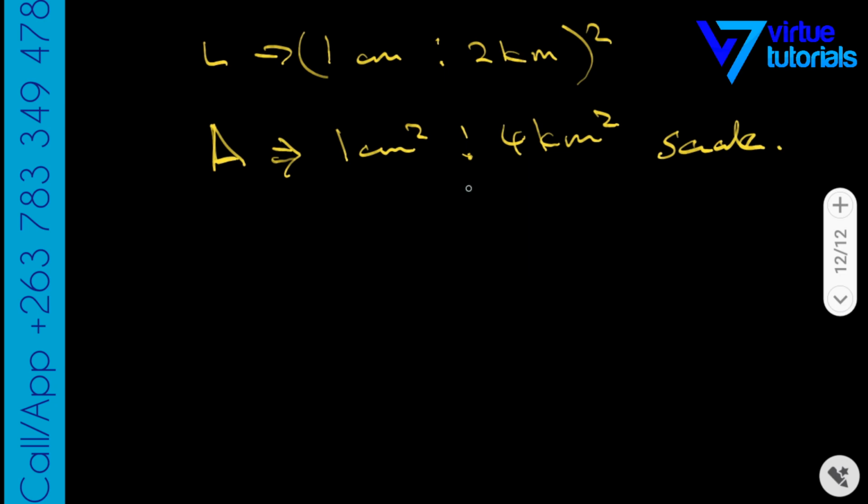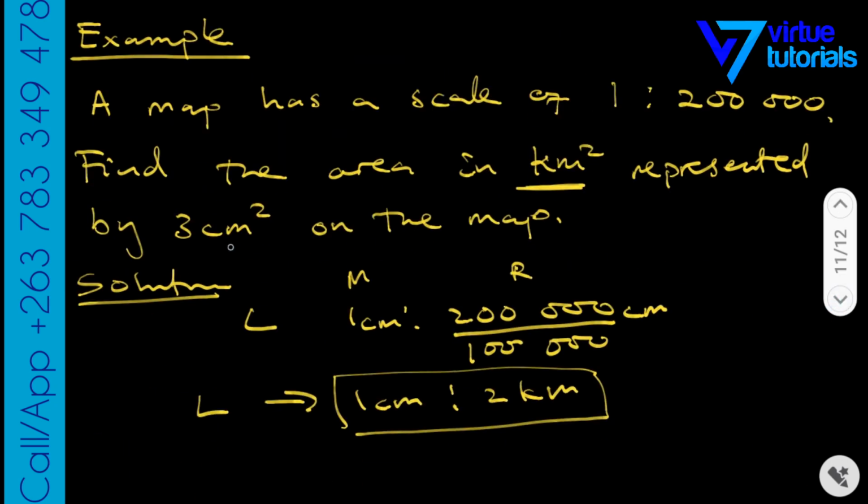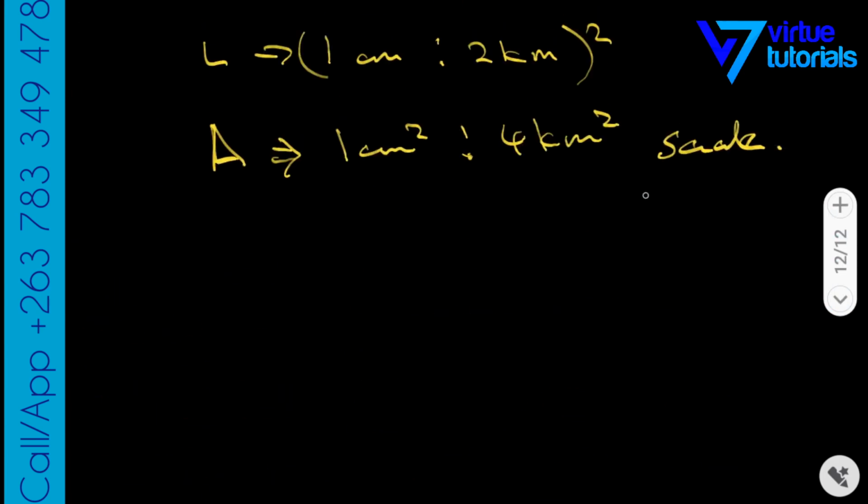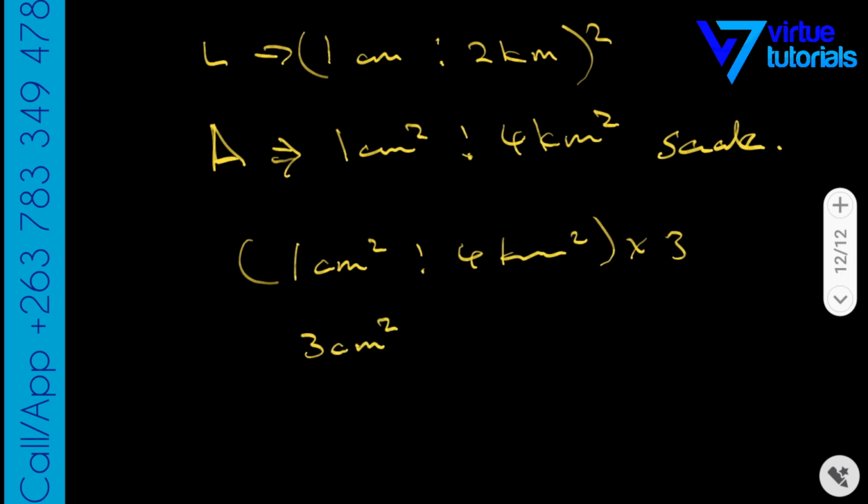So I can now apply this. I was asked to find the area represented by 3 centimeters squared. So I have 1 centimeter squared is to 4 kilometers squared. So I just have to multiply by 3, so that I get 3 times 1, 3 centimeters squared. 4 times 3, 12 kilometers squared.